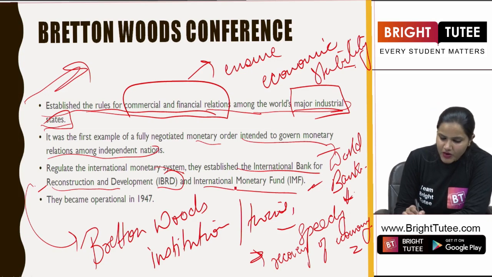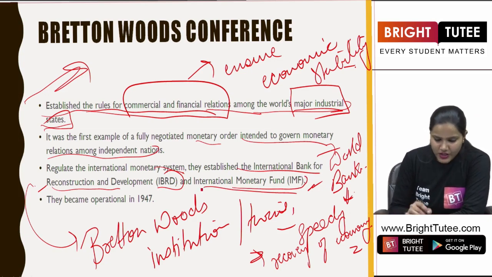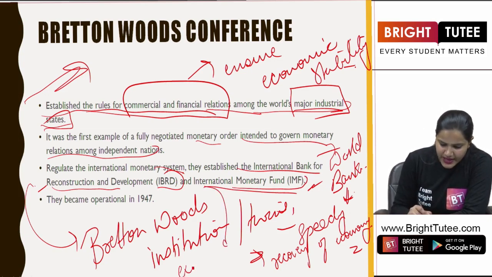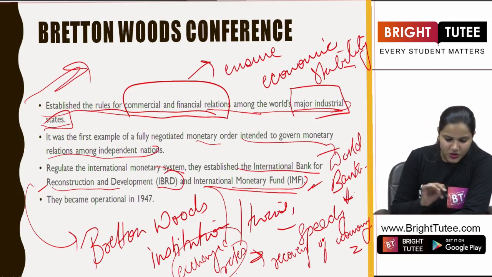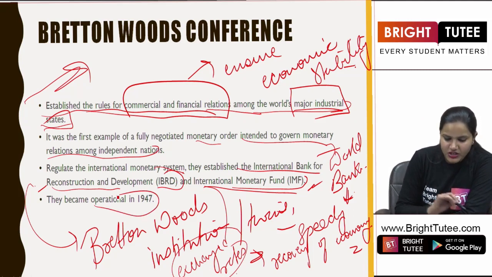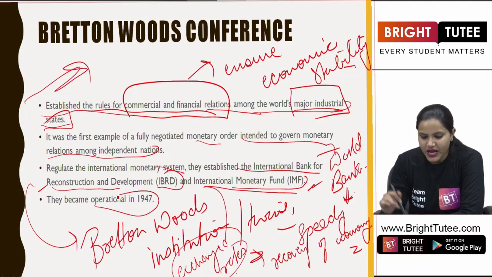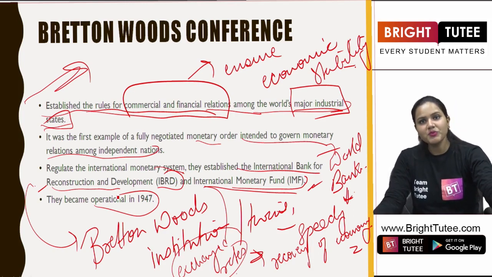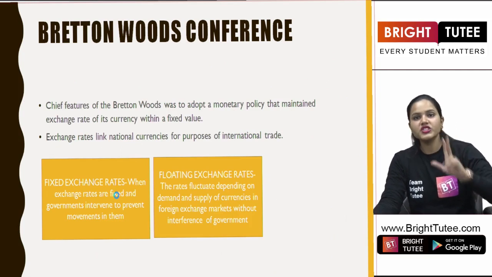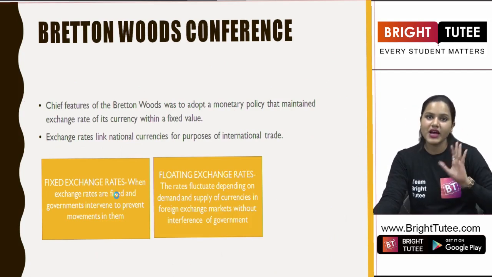When we are talking about the International Monetary Fund, it was to stabilize the exchange rates in different nations and also to help them stabilize the economy there, right? So these were the two institutions that became operational in 1947 and they are working in today's day as well, right? So imagine that at that period of time, these people organized these two institutions and today we know their names as well, right?